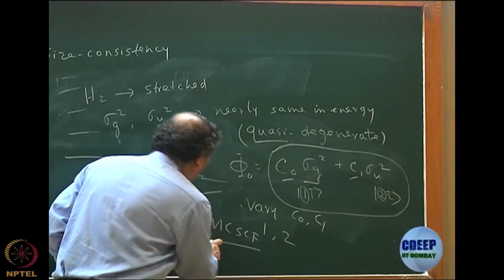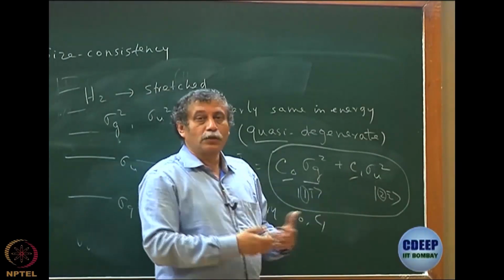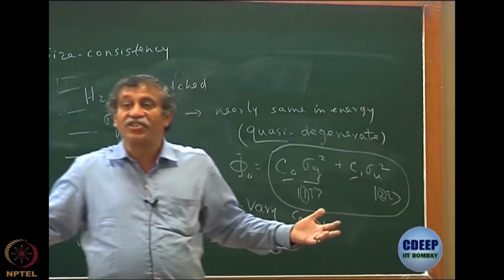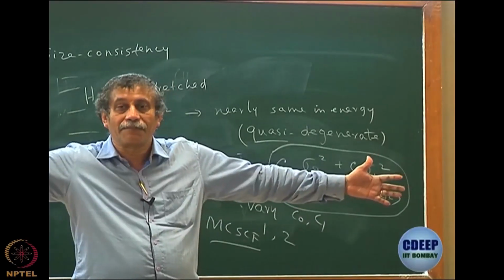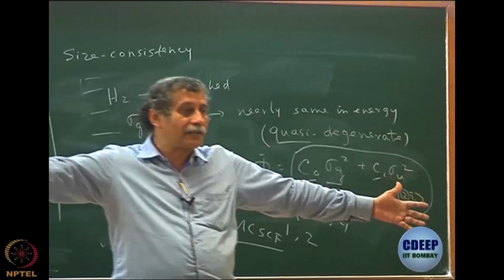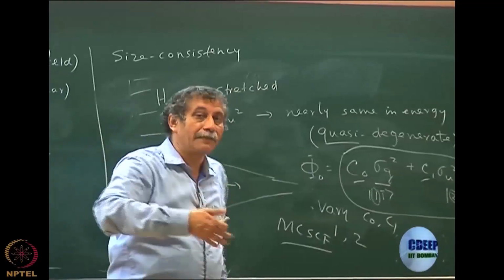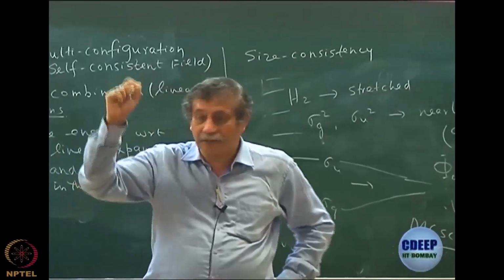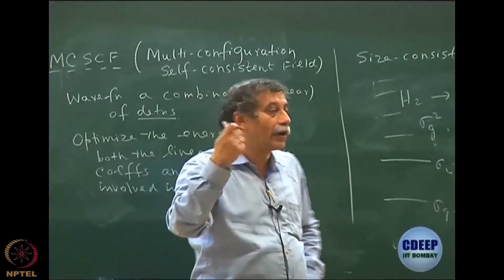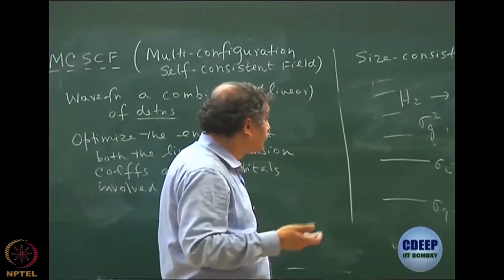multi-configuration SCF. Multi is here 2, that 2 can be 3, 4, 5, but in general you do not do a multi-configuration SCF with 1000 configurations, because then there are so many orbitals. The orbital optimization itself is a nonlinear optimization, as you know, because orbitals are exponential, something quadratic, even Gaussian or whatever exponential term.